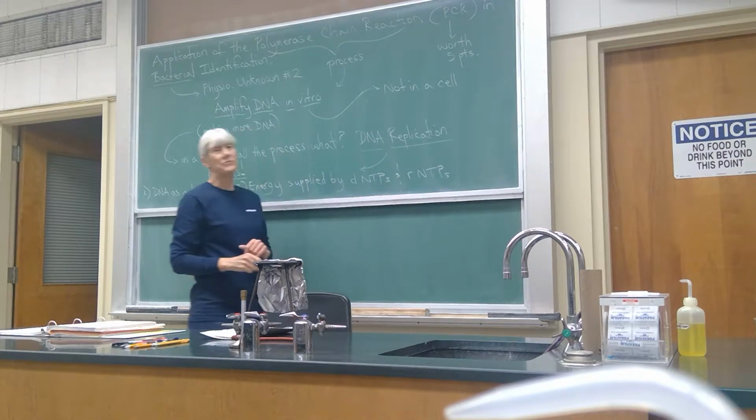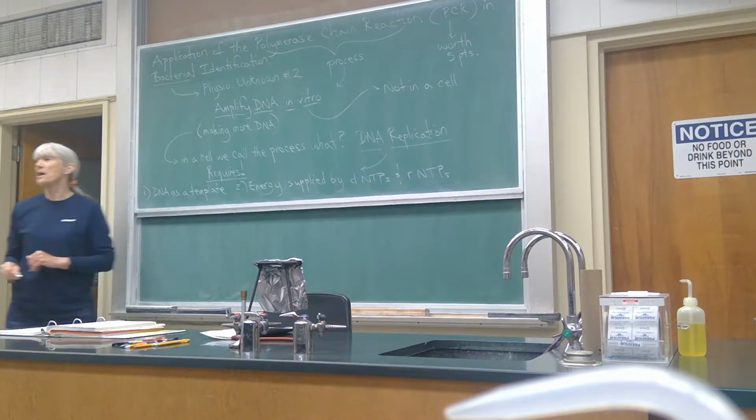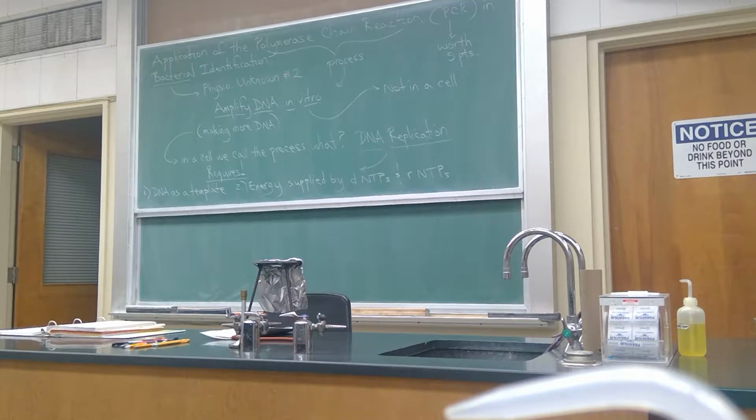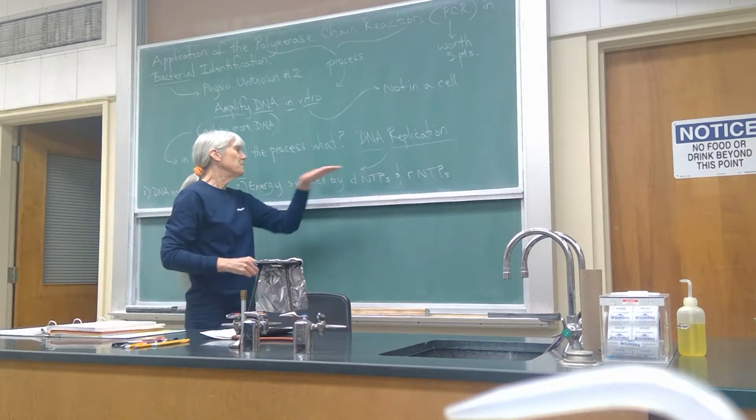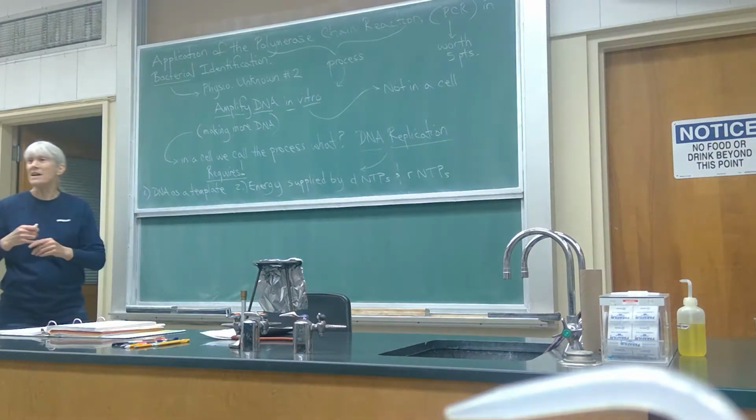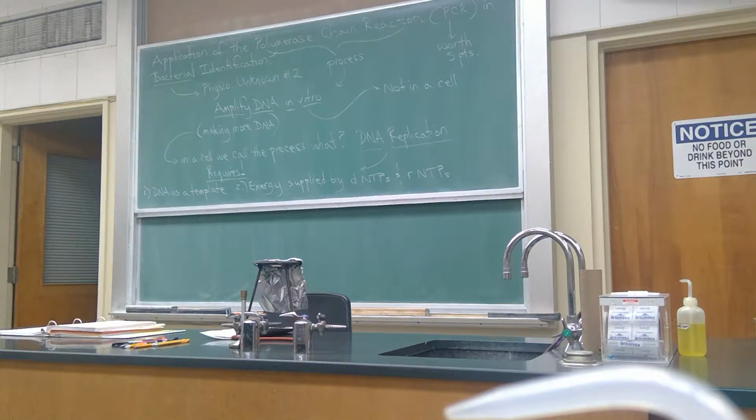Remember, D stands for deoxyribose, R stands for ribose. It tells you the sugar that is associated with either RNA or DNA. dNTPs are used to build DNA, but in the process of building DNA, you have to build primers. Primase has to build primers, and they're built of RNA. So DNA replication as it occurs in the cell has to have both.